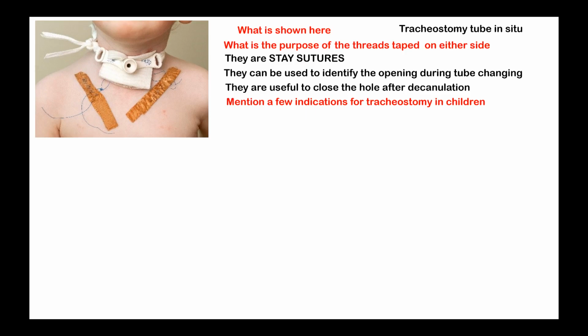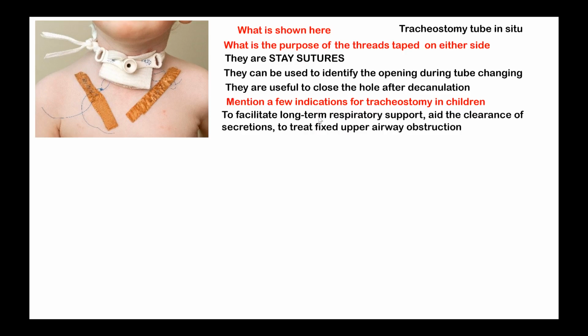Supposing there is a lumbar spine injury, will you need a tracheostomy? To facilitate long-term respiratory support, clearance of secretions, and treat fixed upper airway obstruction. These are the common indications for tracheostomy.